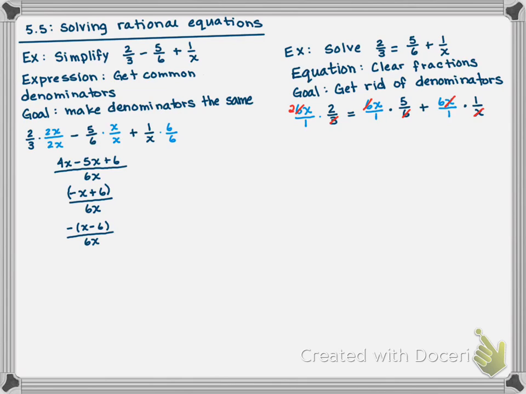That's our goal here, to get rid of all of our denominators. And we end up with 4x equals 5x plus 6. And we'll subtract 5x from both sides, get negative x equals 6, and x equals negative 6.